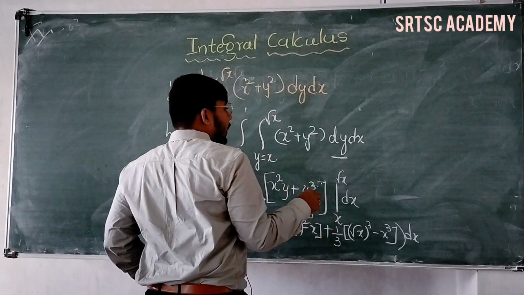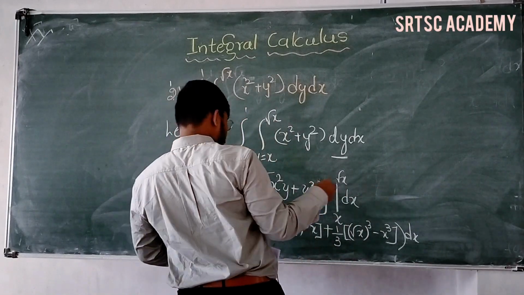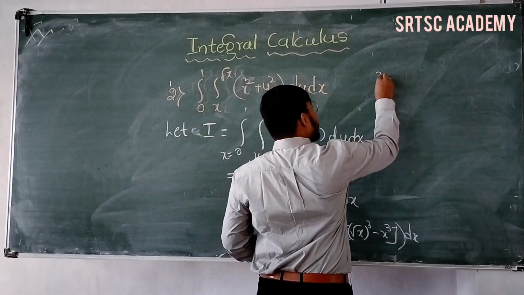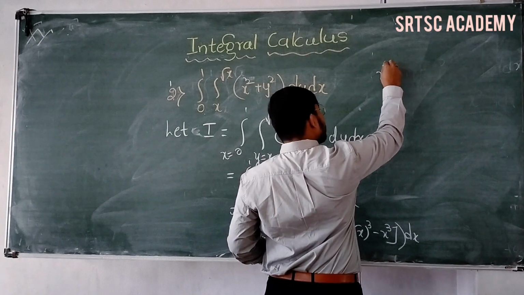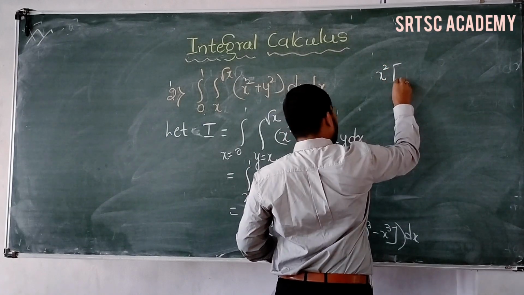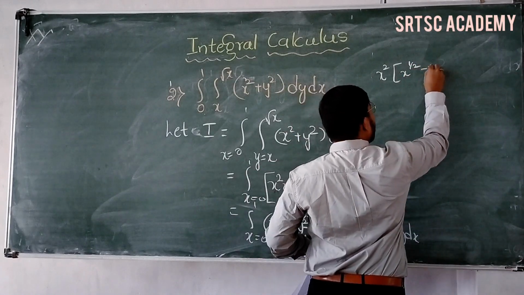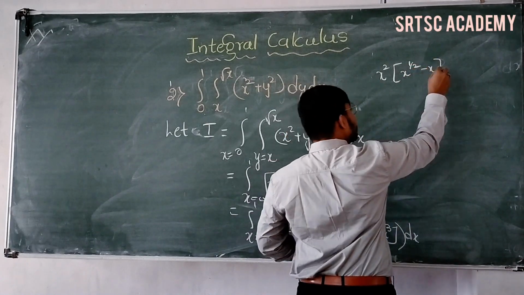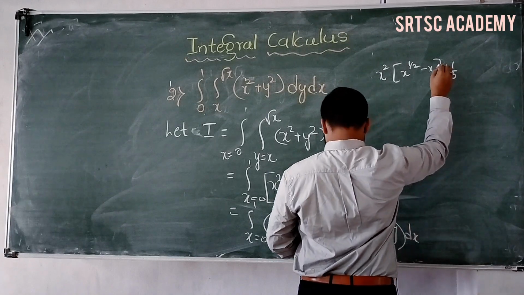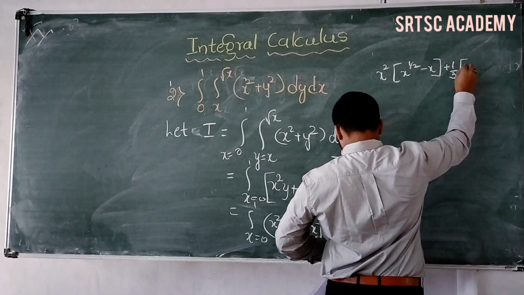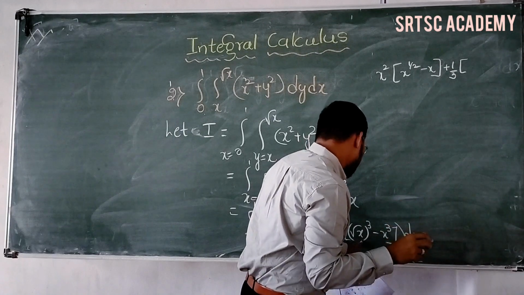I will write the answer here. X square, right? Here is x to the power 1 by 2 minus x plus 1 by 3 into root x cube.